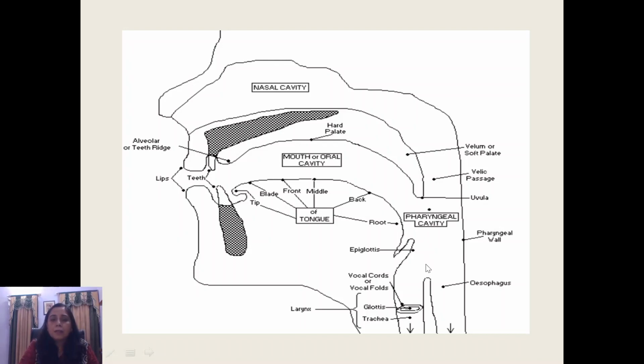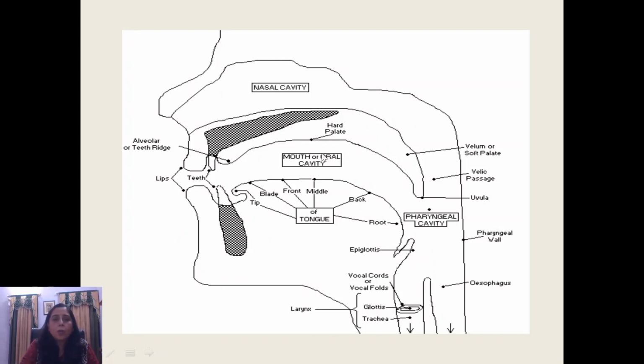This we are all familiar with: the esophagus, that is the food pipe, and this is the trachea, which is the windpipe. The important area is the glottis or vocal cords, which are located right in the middle of this trachea. We'll be talking in detail about the glottis as we proceed with this session. This area is called the epiglottis, and we have two passages.